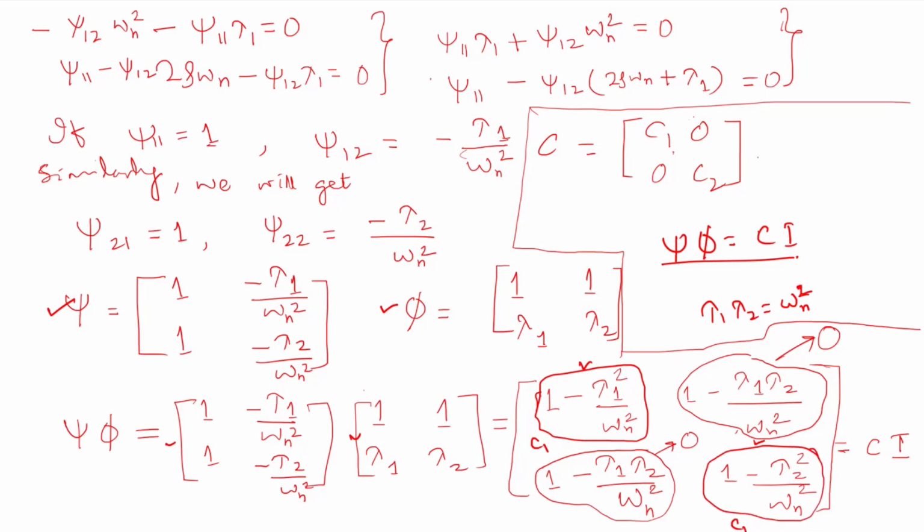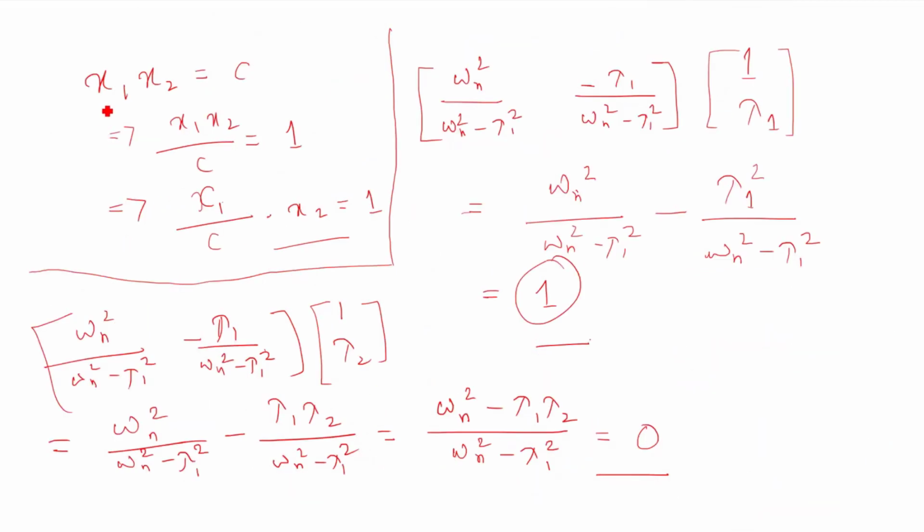Okay. So now how do we normalize and get the normalized left and right eigenvectors? If we keep the right eigenvector as it is, and we want to normalize psi, just by dividing by C1 in the first vector and C2 in the second vector of the psi matrix, of the left eigenvector matrix, then we'll get the normalized psi and phi, right?